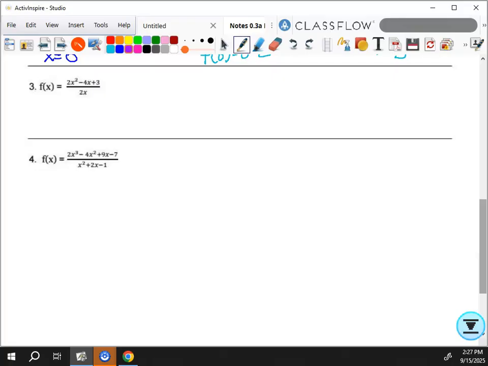Since I don't really care about anything else right now, except making sure I reduce if I can, and there's nothing that'll reduce, factoring the numerator would just help us with our zeros, but we haven't even talked about those yet. So I can just start by dividing. Let's divide. I'm going to take 2x and divide it into 2x squared minus 4x plus 3.